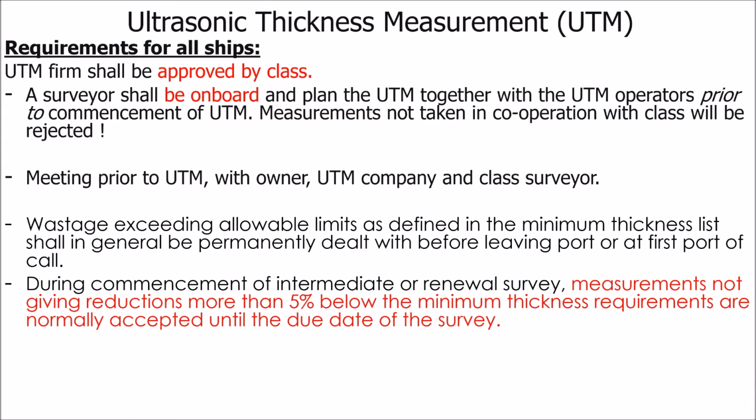So if you start the survey on the last date of the certificate and you notice this 5% below the minimum thickness, you have 1 day to fix this. It's not good. So in this maybe 3-month window to check, you should be ahead in that window, so you don't have too little time to arrange and rectify those remarks.